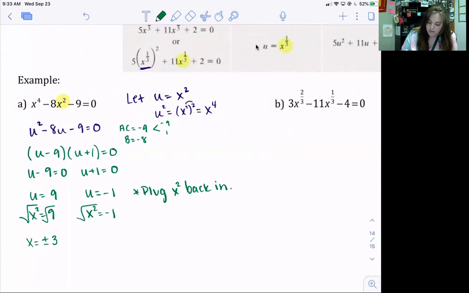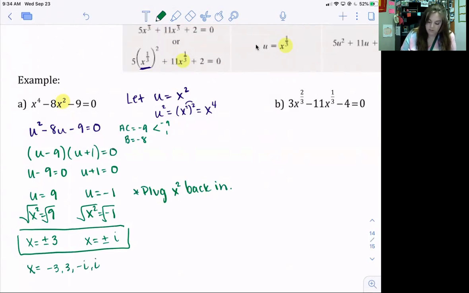Square root again. We have x squared, square root is x, equals plus or minus, and the square root of -1 is i. So there's your 4 answers. You can also list them out, -3, 3, -i, i. Either way is fine.